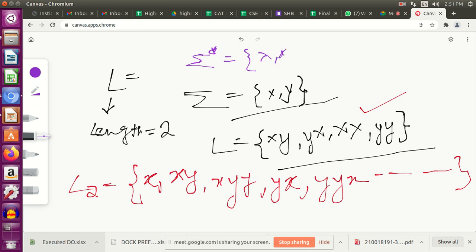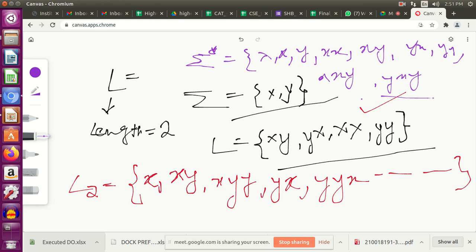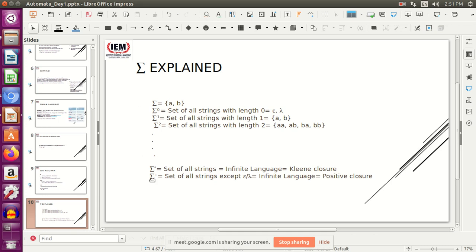Then I have x, I'll have y, I'll have xx, xy, yx, yy, xxy, yxy, and so on. It's infinite. Sigma star is infinite. Sigma star will contain all the possible combinations of x and y, and it will also contain this lambda or epsilon.